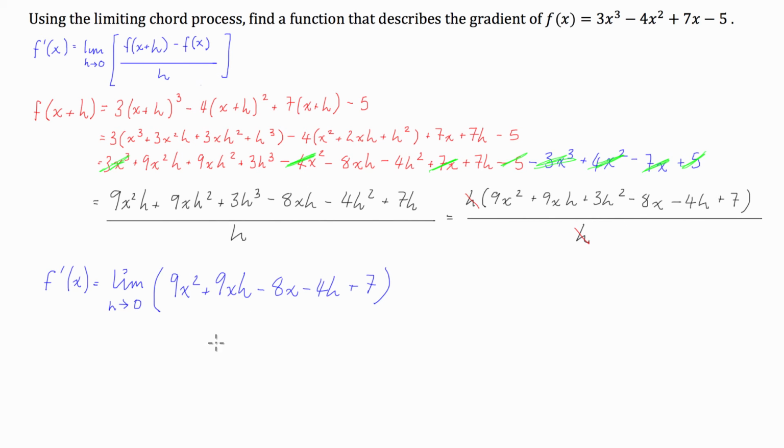Great. Now, when we look at this, it's quite easy to see that if h goes to 0, this term here will go to 0, and this term here will also go to 0. So we can disregard these two terms, and after taking the limit, we can write our derivative as 9x squared minus 8x plus 7.